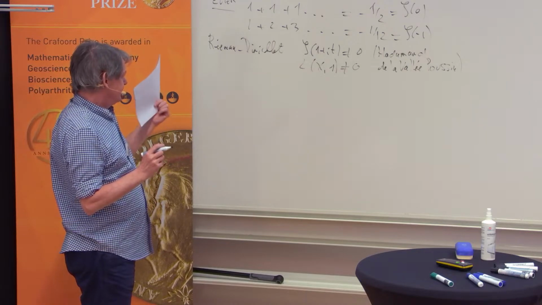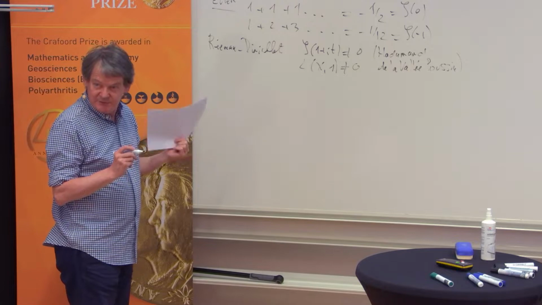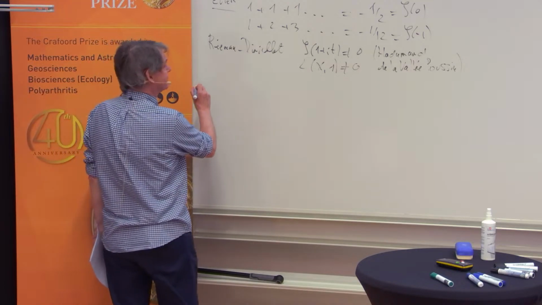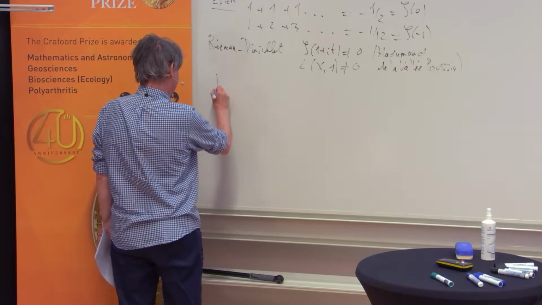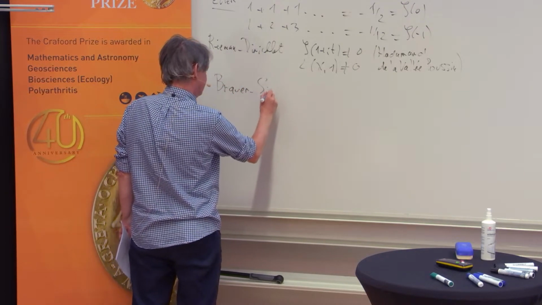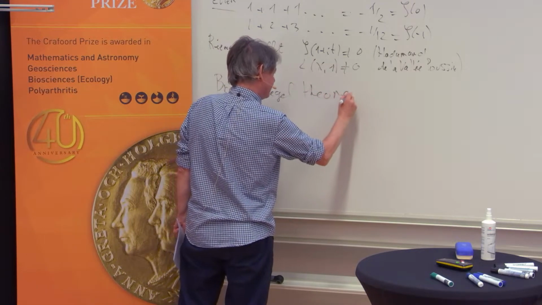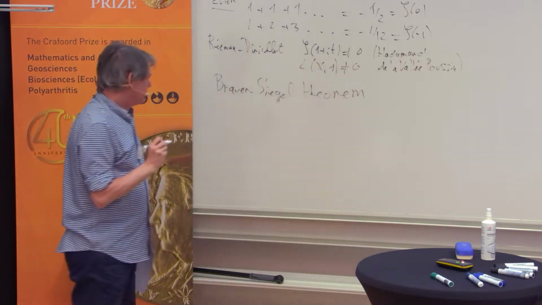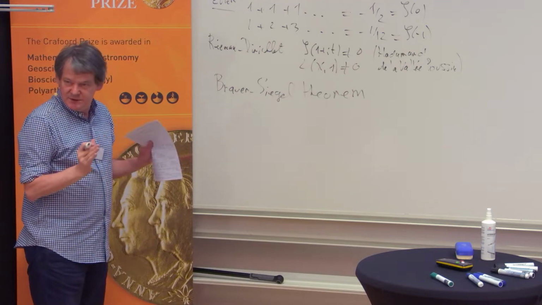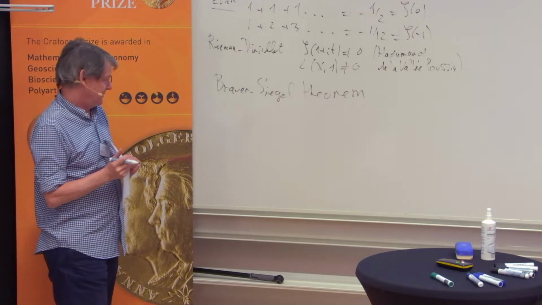Really, the paradigm for this is the so-called Brauer-Siegel theorem. So I will start with this. I want to give the statement, so there's no zeta function in the statement, but the proof relies on zeta function.